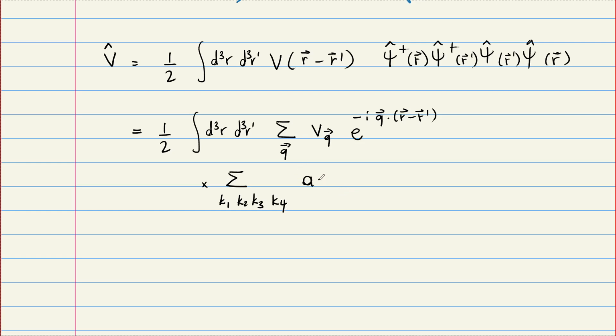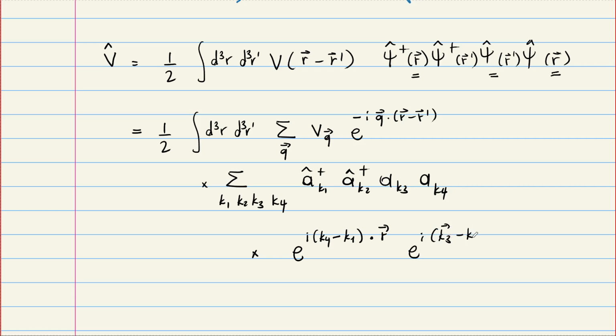And what I'm going to have is a dagger k1, a dagger k2, okay, this is dagger, a k3, and a k4 times the exponentials, and I will combine the exponentials like this. k4 comes with r, and I have here k4 minus k1 dot r, and e to the i similarly k3 minus k2 dot r.